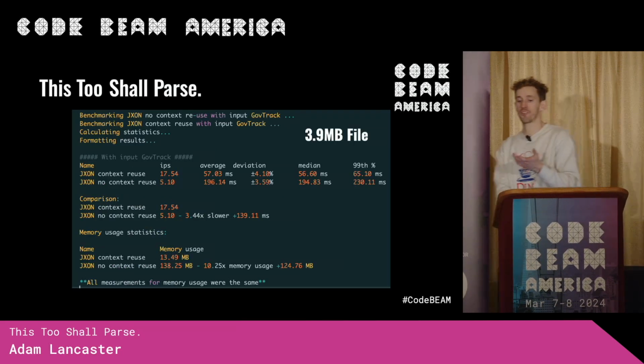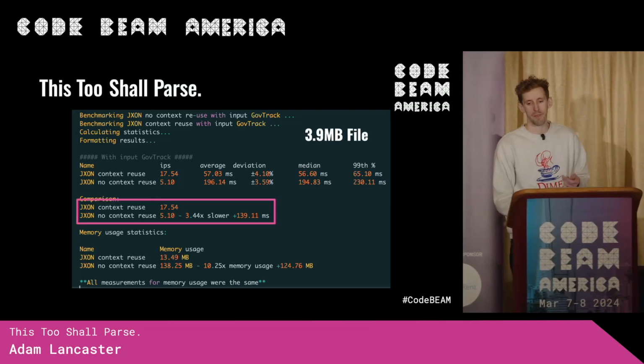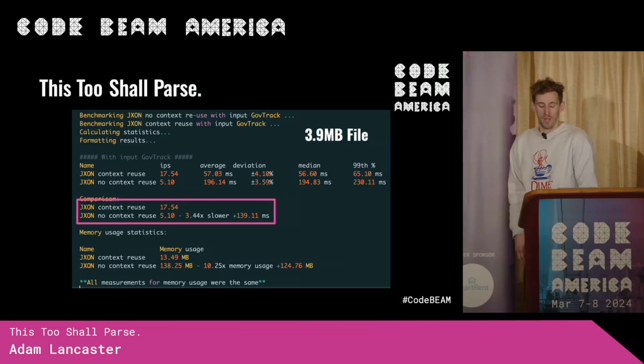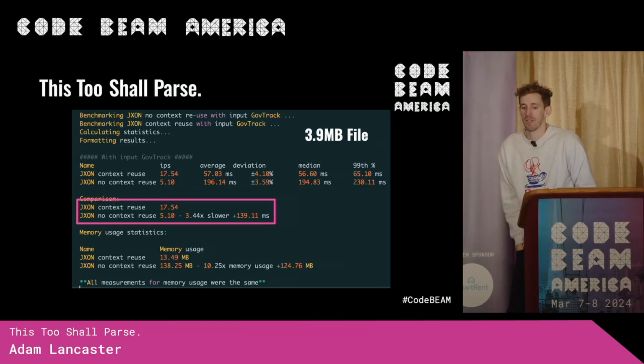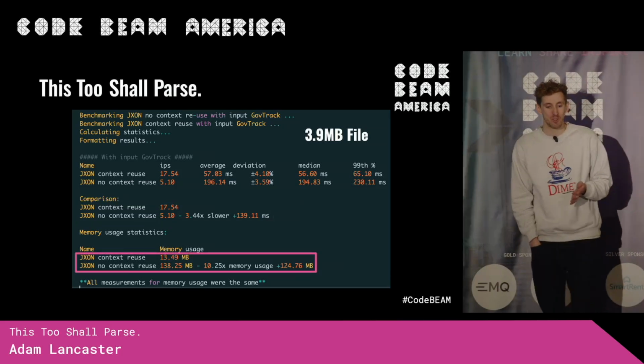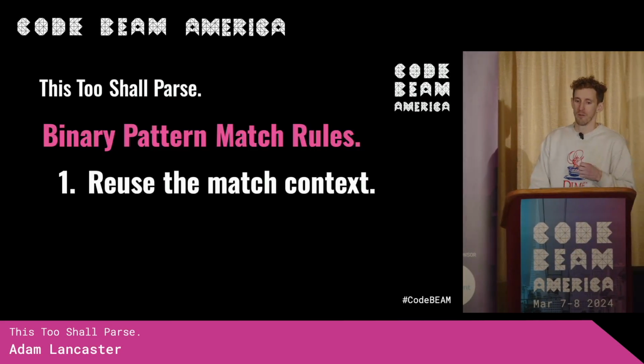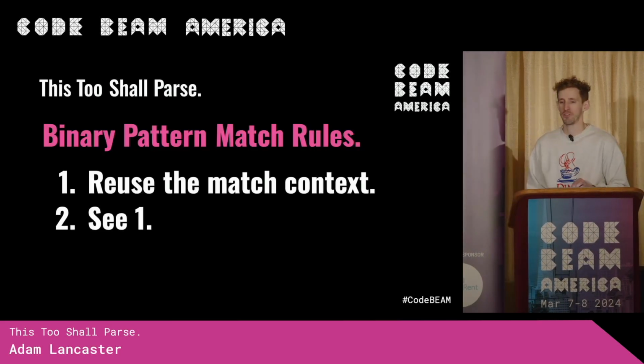I found this out with a 4 megabyte file. I did a version with and a version without. Without match context reuse is about 3.5 times slower, but crucially the memory was 10 times. So it can really make a big difference. So the rules: reuse the match context, and C1.